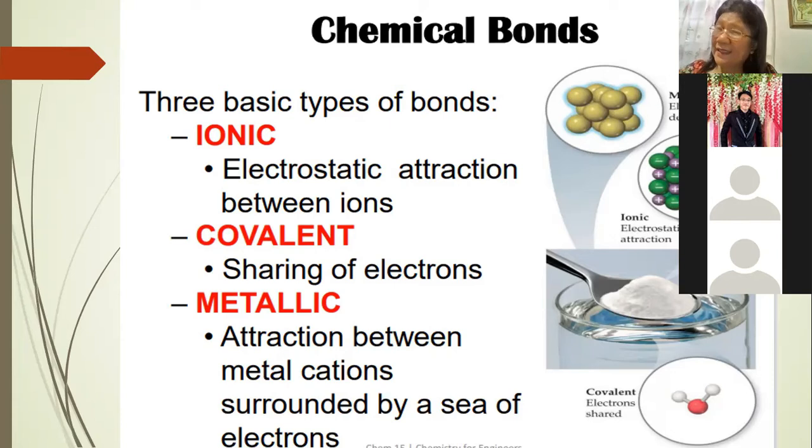Your chlorine has 7 valence electrons. According to the octet rule, atoms will only form a bond if there is that 8, the octet. Sodium has 1 electron in its outermost shell, which makes it unstable.